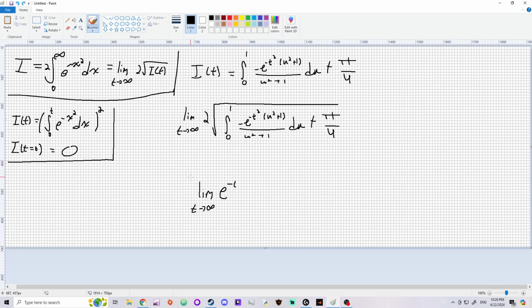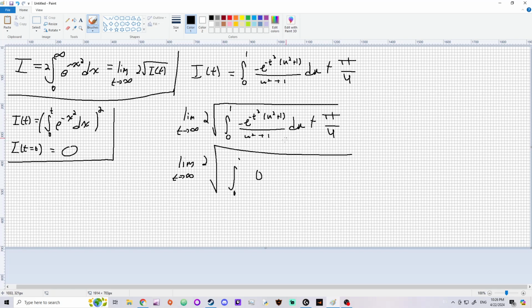That means our whole upper term, I'll keep writing it, limit as t goes to infinity, 2 times the square root of the integral from 0 to 1 of 0, everything consumed by the limit of e to the negative t squared.